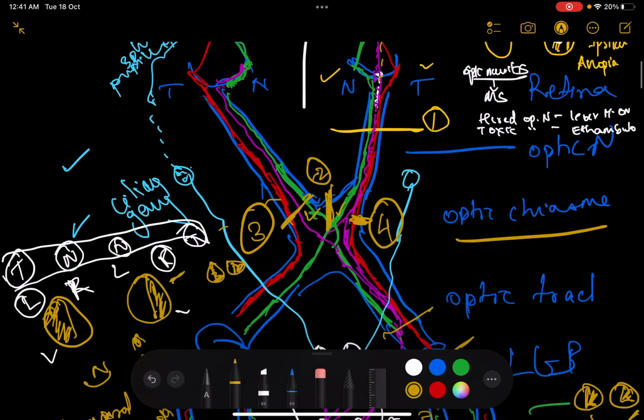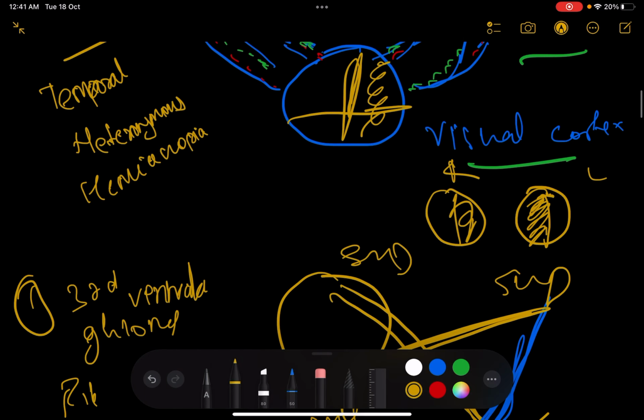If the left temporal fibers are affected, that means the nasal fields are affected. If the right nasal field is affected, that means obviously your temporal field is affected. For some reason I drew nasal and thought something was wrong, correct.